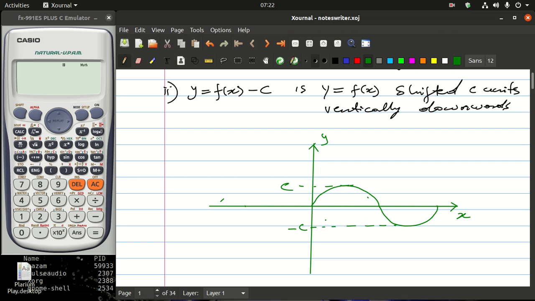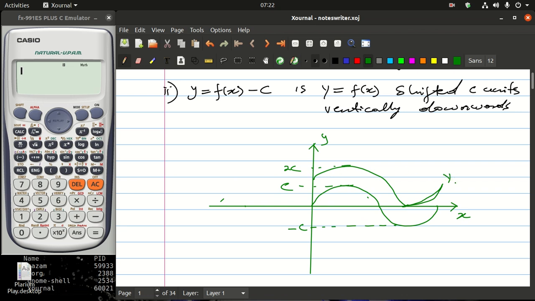If I move this graph by c units, this point will be here, so we'll end up having something of this kind. And this one here will be 2 times c, because I'm moving it c units up.